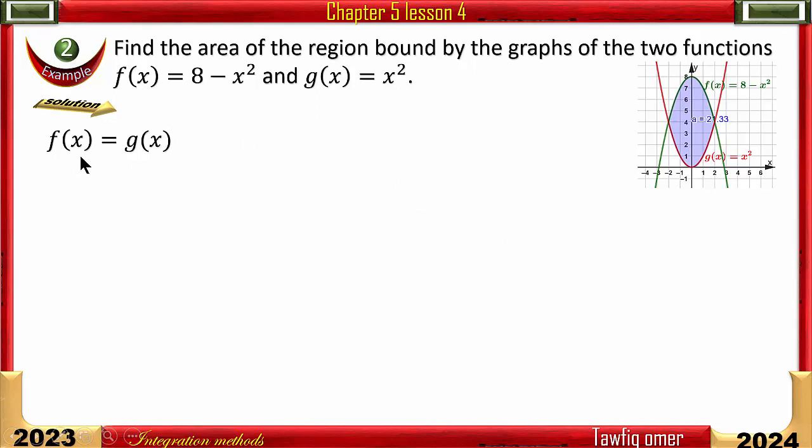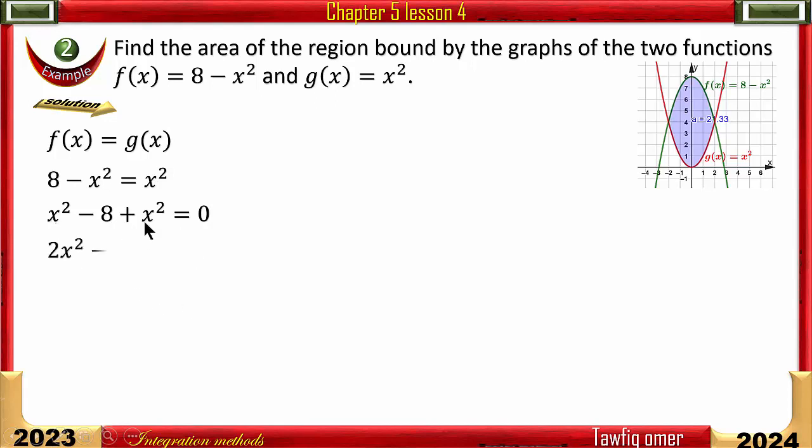Let f of x equal g of x. Then 8 minus x squared equals x squared. By moving 8 minus x squared from left to right, it becomes x squared minus 8 plus x squared equals 0.